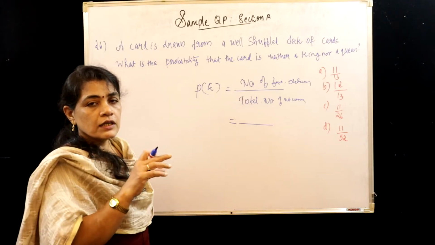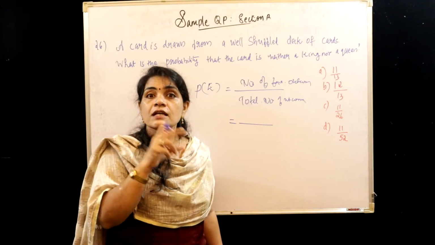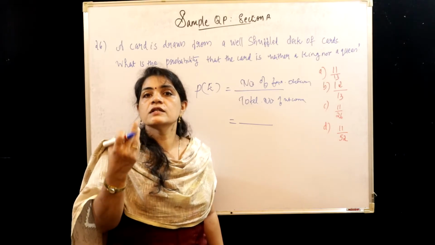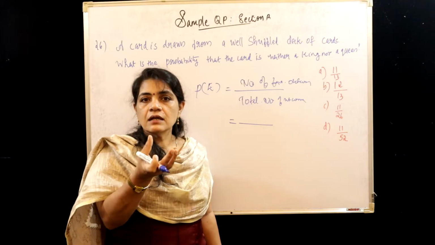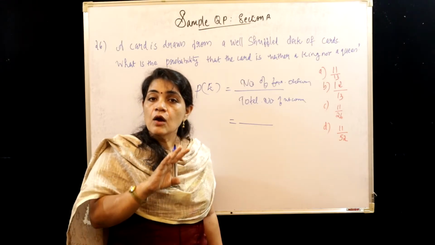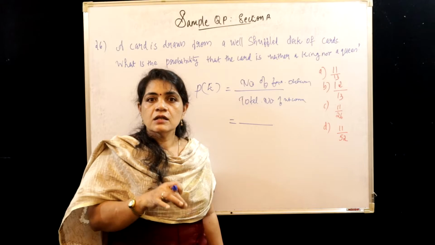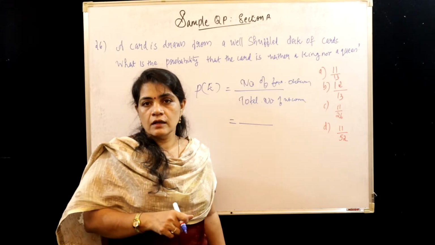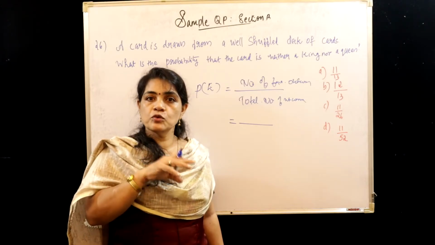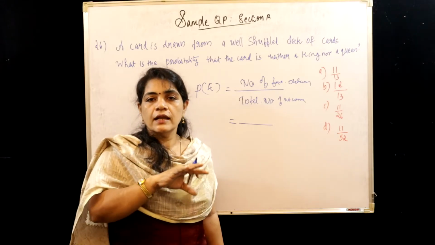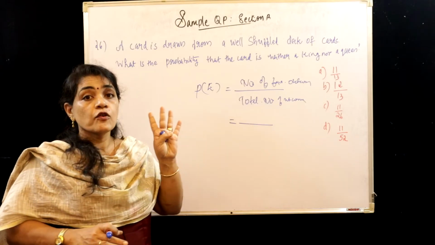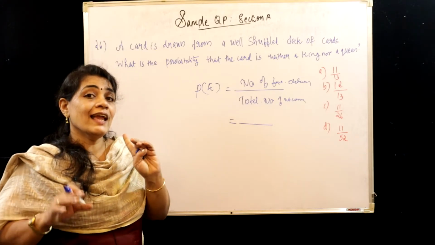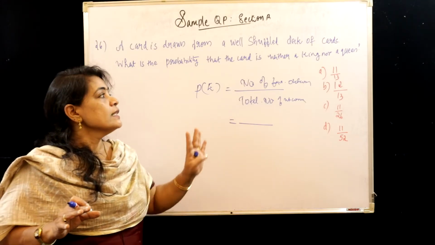We know how many kings there are: 4 kings. How many queens? 4 queens. How many aces? 4. Each set has 4 cards, that is there are 4 jacks, 4 kings, 4 aces, 4 queens. There are 4 cards of 2, 4 cards of 3, likewise. That means those 4 cards of king and 4 cards of queen, a total of 8 cards, should be taken from the 52 cards.